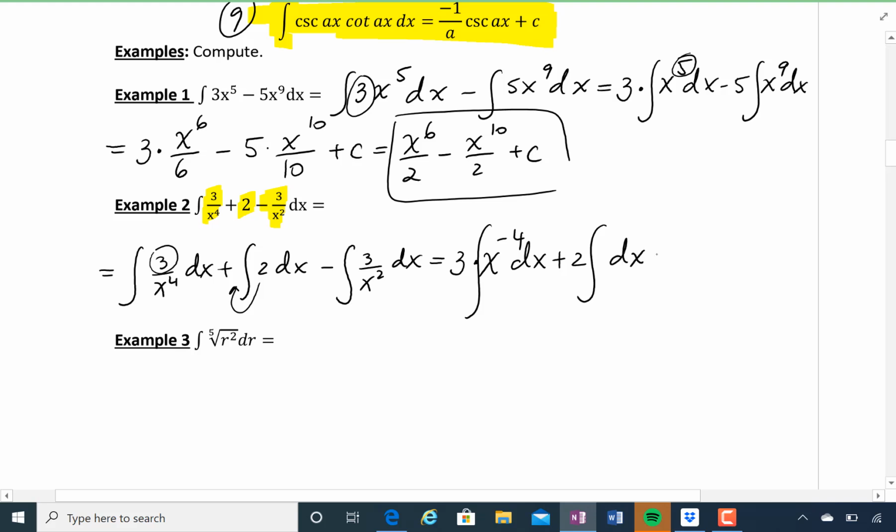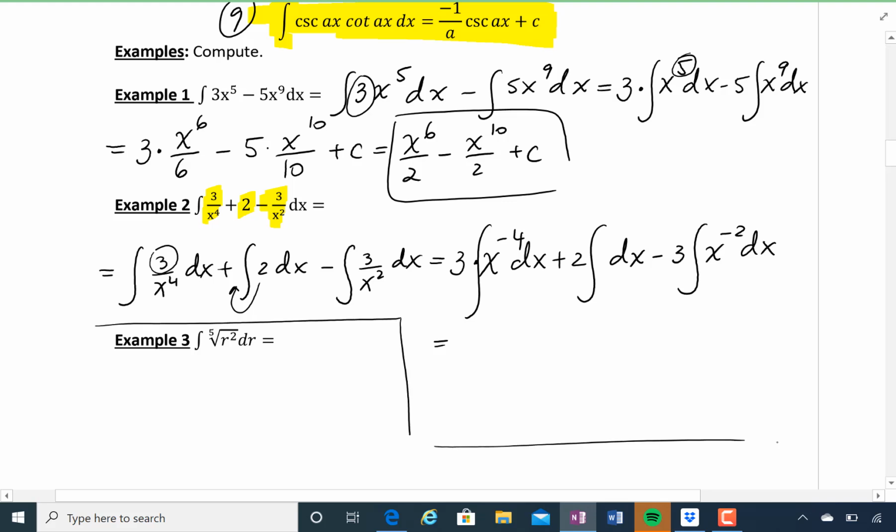It's a dx, minus 3 integral of x to negative 2 dx. So I just transform them into powers so that I can use the first formula. So 3 times x to negative 4 plus 1 over negative 4 plus 1, plus 2 times, well, here, if there is nothing, I can put a 1.